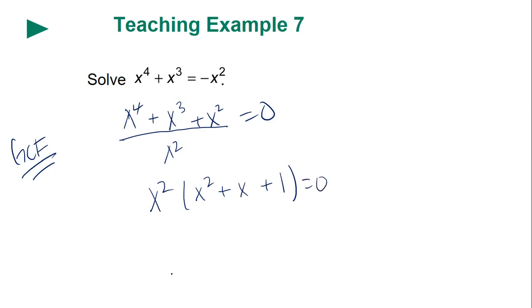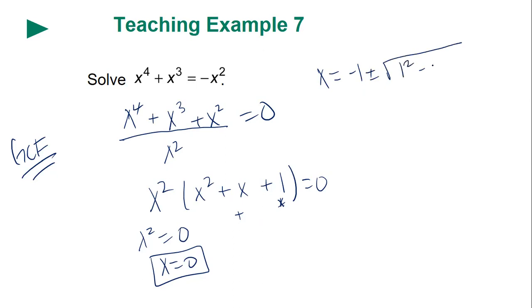Equals 0. So we get x squared equals 0, so we know x equals 0. However, this one I have to factor. And if I can't mental factor, what does that mean? I have to do a little quadratic. So is there anything that multiplies to give me 1 but adds to give me 1? Not possible. So that lets me know that I need to do the quadratic formula. So x equals negative b plus or minus the square root of b squared minus 4ac, divided by 2a.